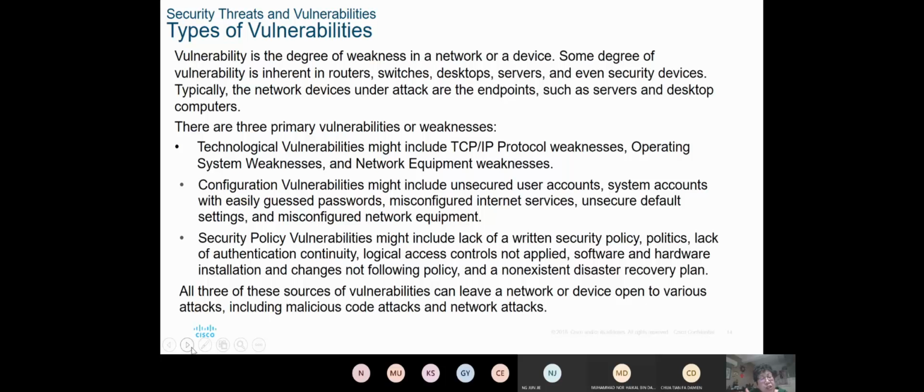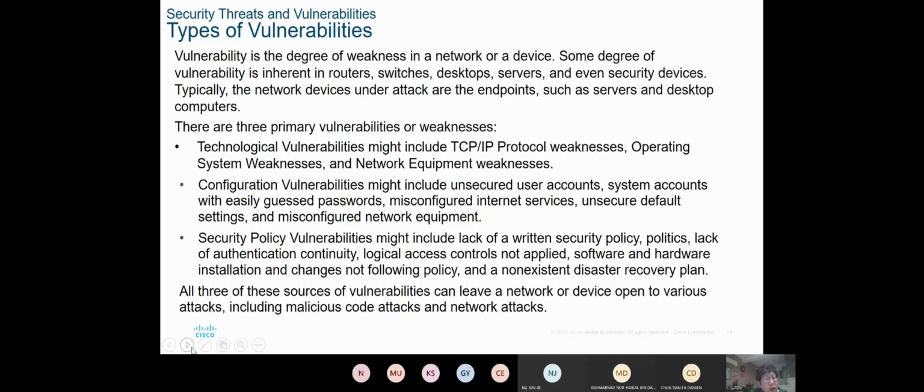When you look at technology vulnerabilities, we look at what type of equipment we are using, and what kind of operating system it is installed with, because different operating systems, and even different versions, have different vulnerabilities. Those are technology vulnerabilities.